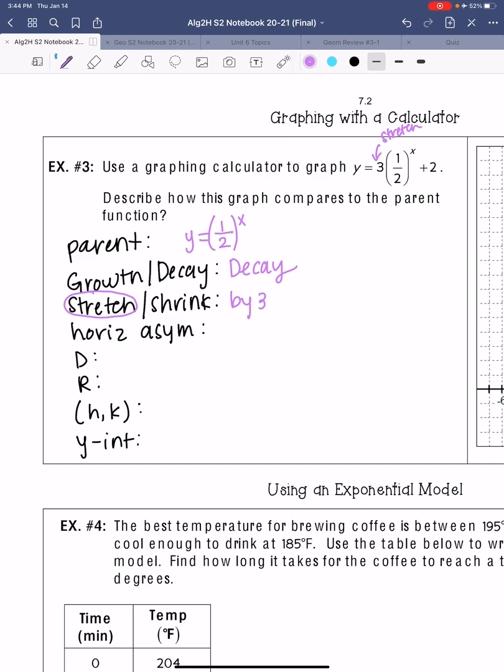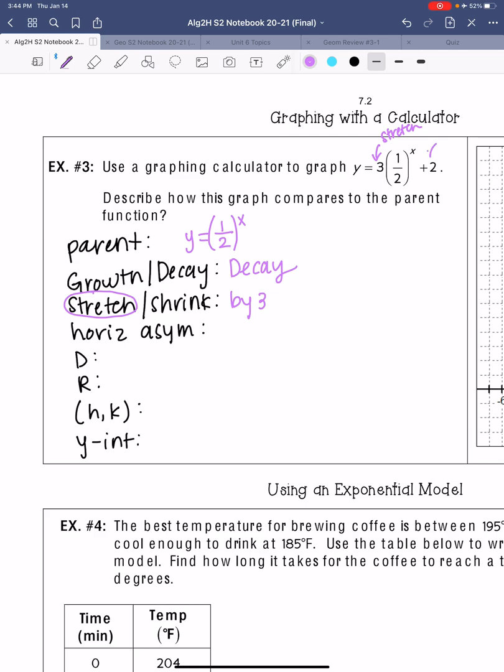All right, where is my horizontal asymptote? So again, our horizontal asymptote on the parent is always at y equals 0. The only thing that is going to affect that is a shift up or down, because you're going to push the whole graph up or the whole graph down. So that affects the range and it affects that horizontal asymptote.